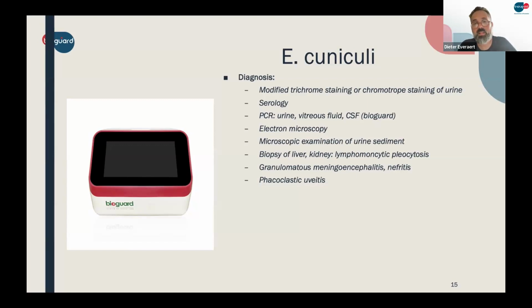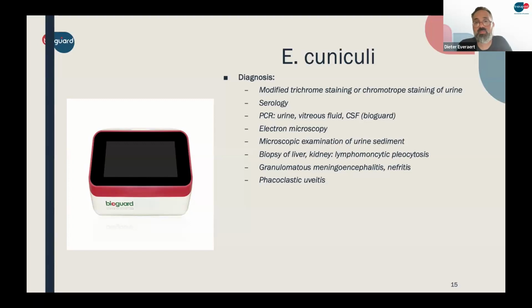The advantage is that for PCR, you really don't need much material. And when it's in the eye, it will be positive. Also in the urine, okay, I know it's said that it's not shed continuously, but as you all know, PCR is really sensitive. To our knowledge, if they have an active infection, our PCR is positive.